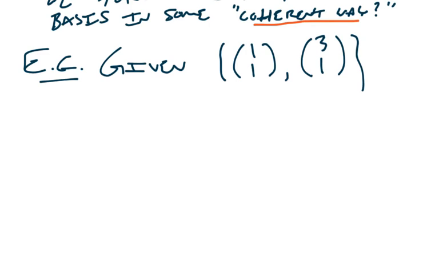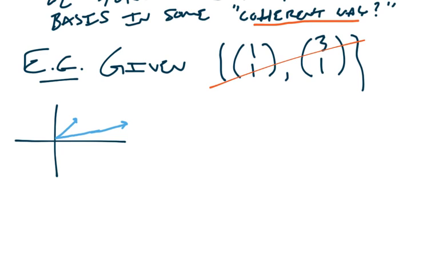If we look at a picture of this, (1, 1) looks like that, and (3, 1) looks something like that. That's a terrible picture, but you get the idea. So your two basis vectors look like this. They're clearly not orthogonal.